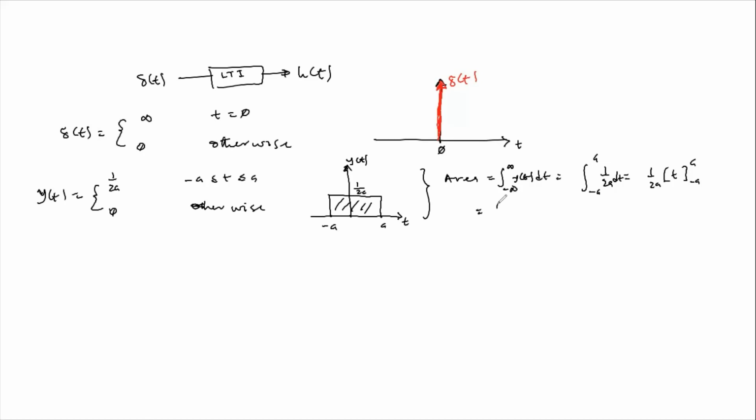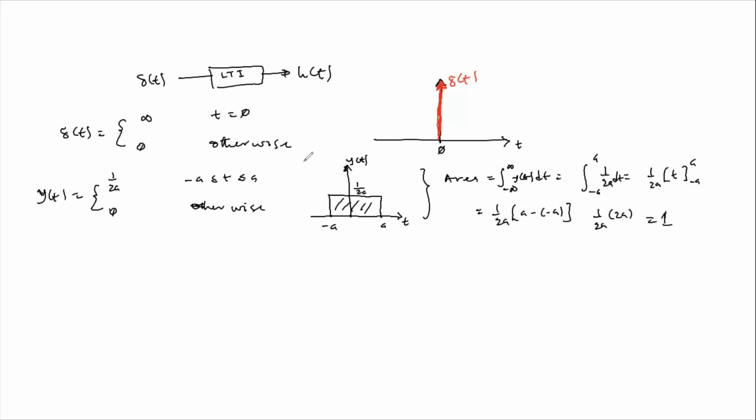Then this will be the same as 1 over 2a times a minus minus a, which is 1 over 2a times 2a, so this is the same as 1.